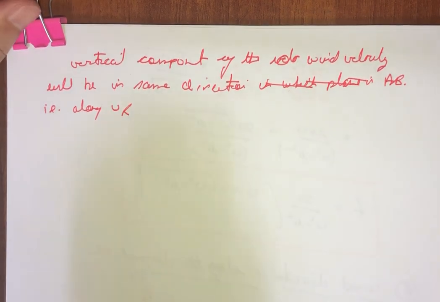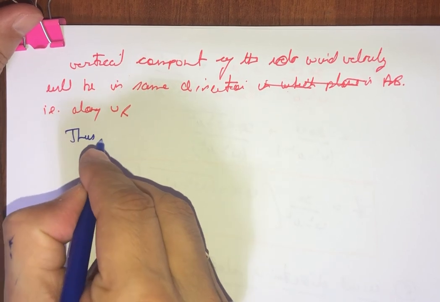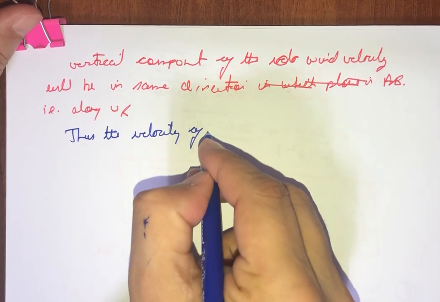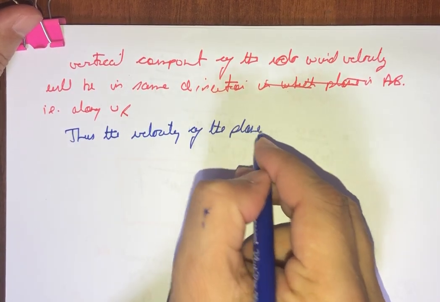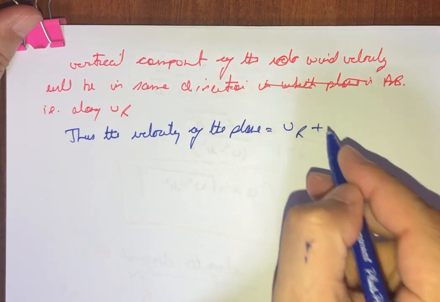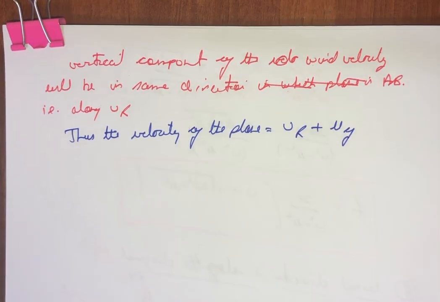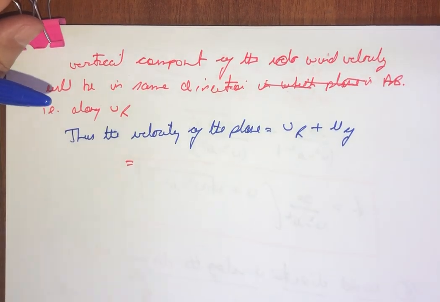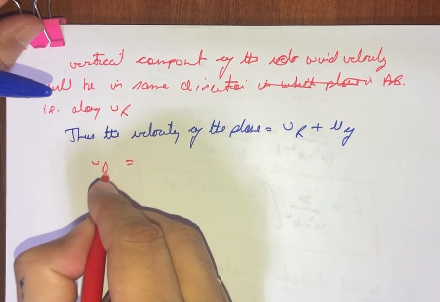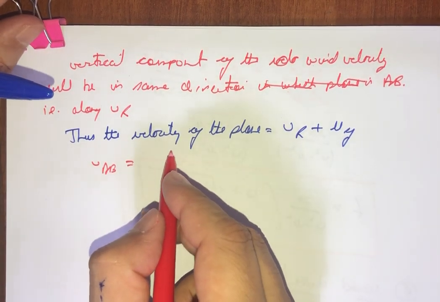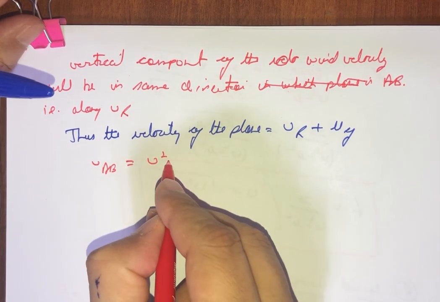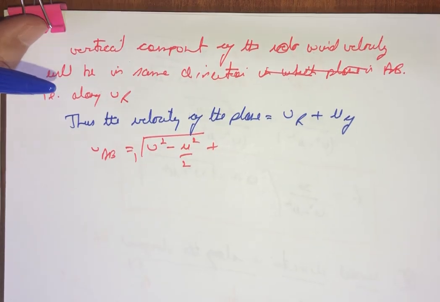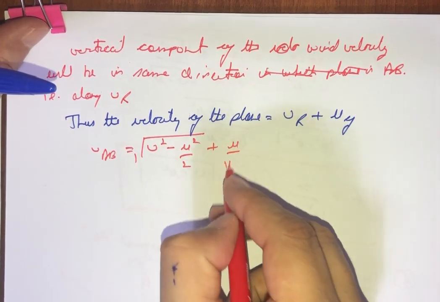Okay, so we can say, thus the velocity of the plane will be equal to VR plus Uy. VR we already know, let us call this as VAB. So VR is square root of V square minus U square divided by 2, and plus UY is U divided by square root of 2.